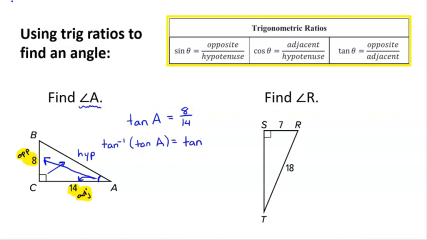And so we're going to do that on both sides. Okay, and so the inverse tangent cancels out my tangent part to where I'm just left with angle A, and then I'm going to put this into my calculator.